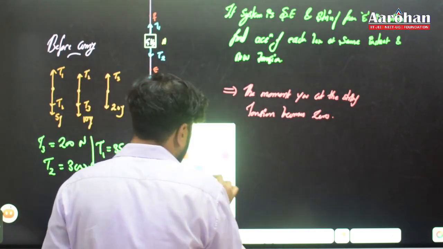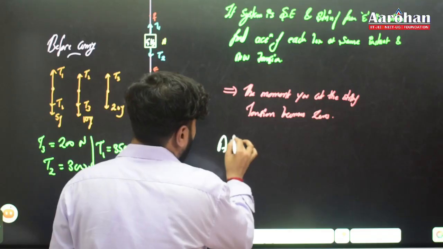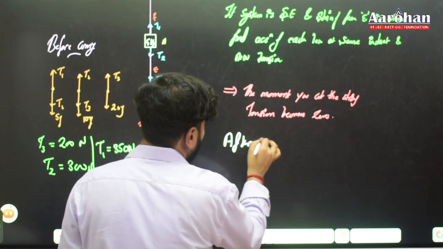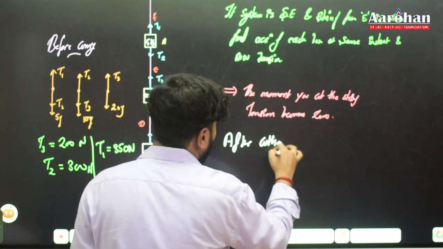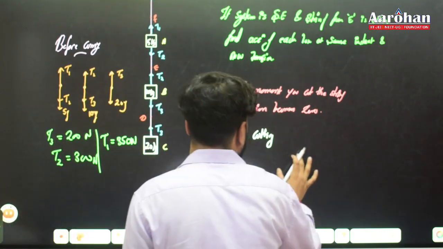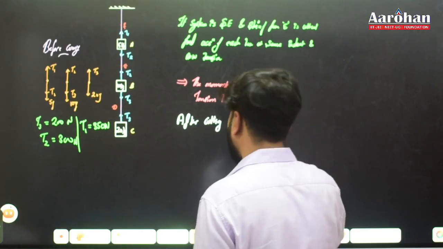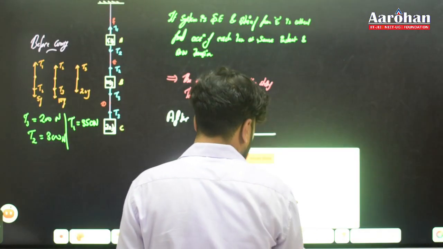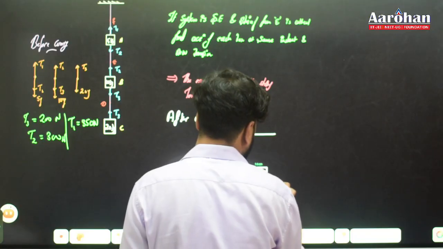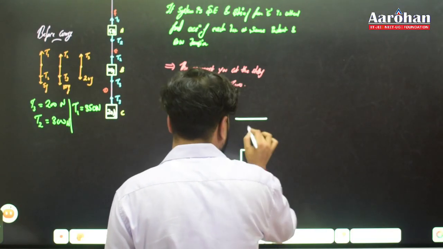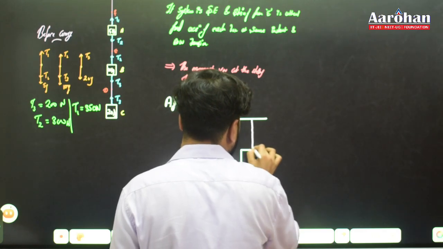So after cutting, if you draw the FBD, now the new tension, we will call it, this is the box, this is the string, right?